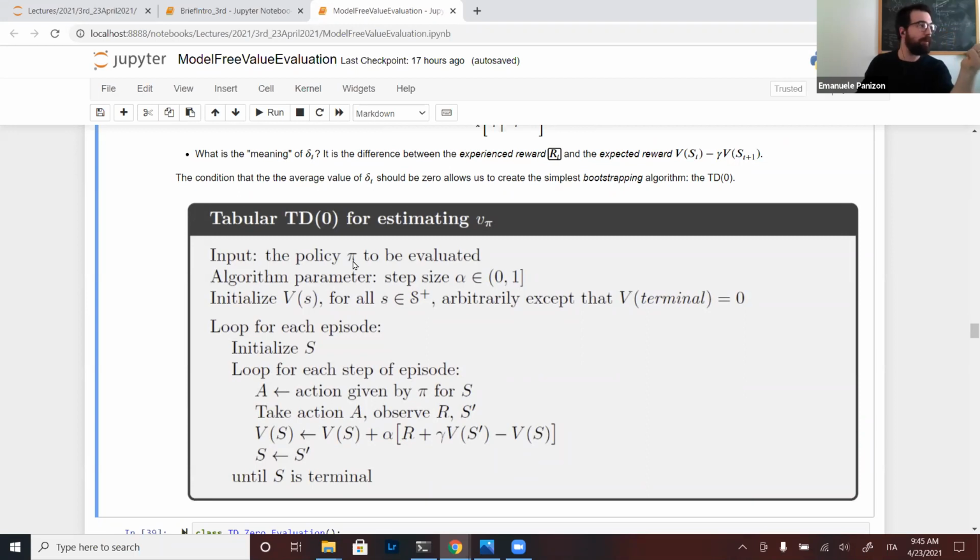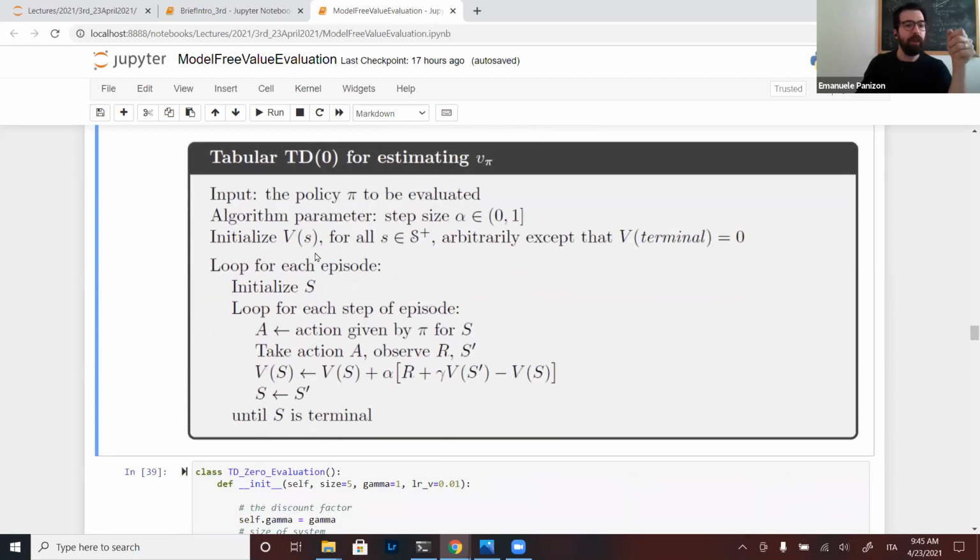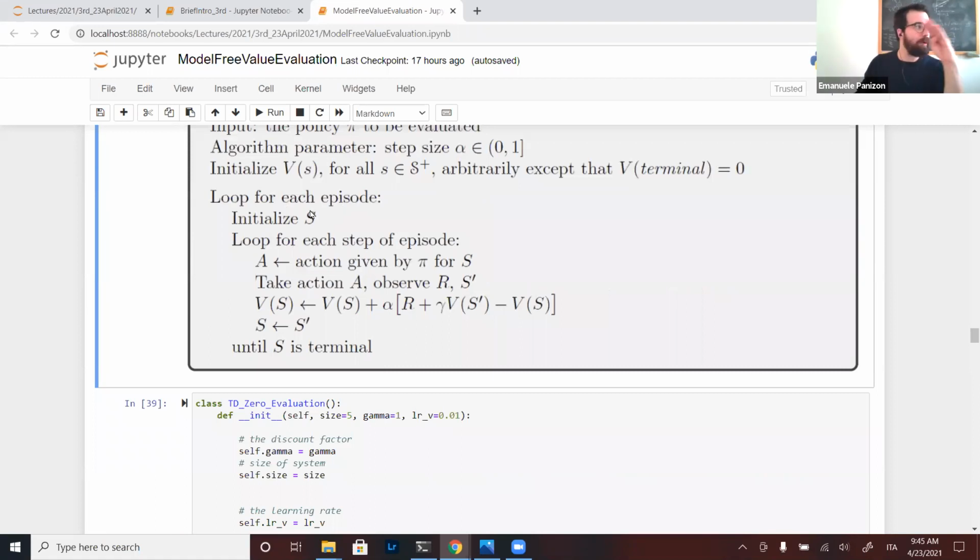And this is indeed the pseudocode. Again, you have a policy to be evaluated. You have this step size alpha, a constant, very small. You start with the values randomly, but the value for the terminal states at 0. Then whenever you do an action from a state S, you can calculate this delta, which is the reward you really took, plus gamma, the value you think it is in the new state, minus the value you think it is in that state there.